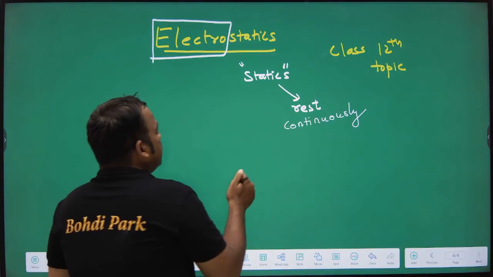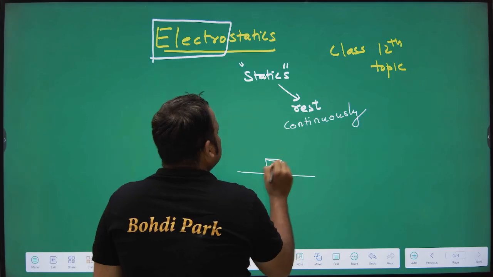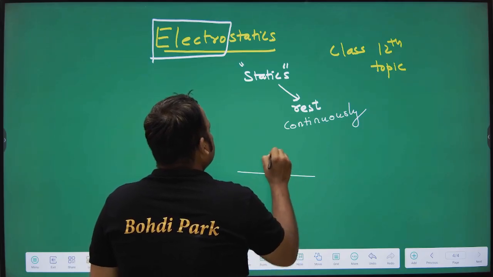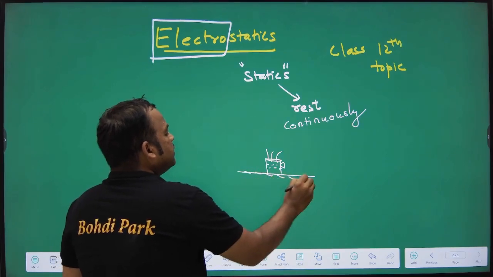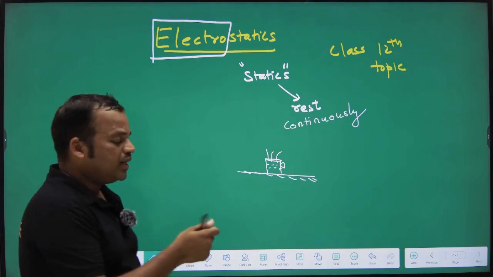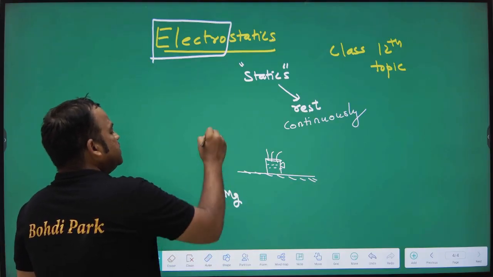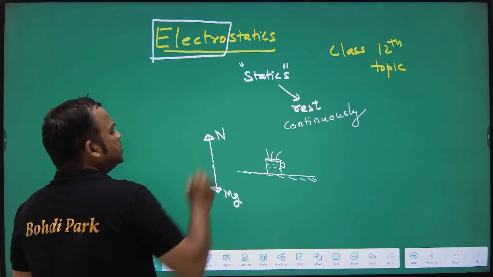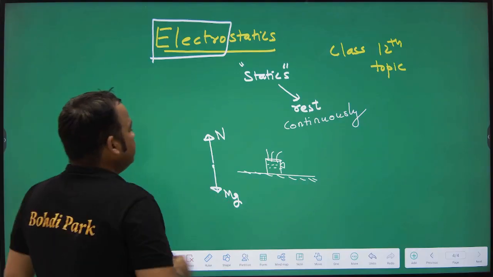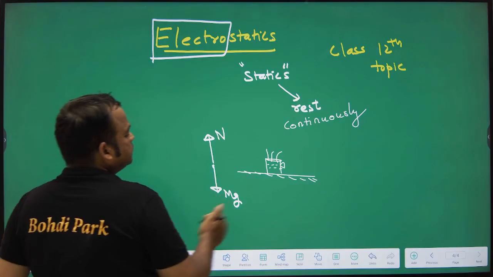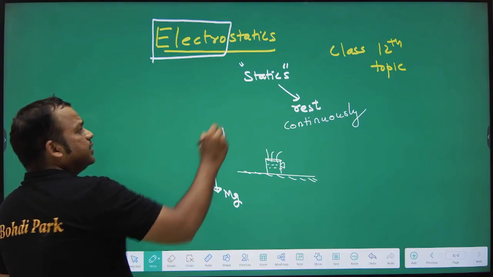So why is it at rest? You will say the weight is mg, which is acting downward, the normal force is acting upward, then the forces are balanced, so that's why it is at rest continuously, correct?